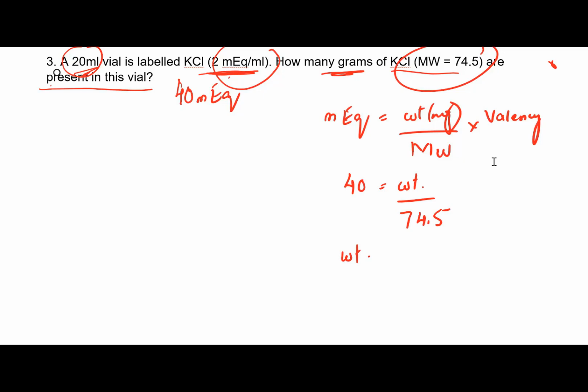So the same way, valency of KCl is 1. Okay. Weight is 2980 milligrams, but the question is asking how many grams, so I would just convert that into grams.